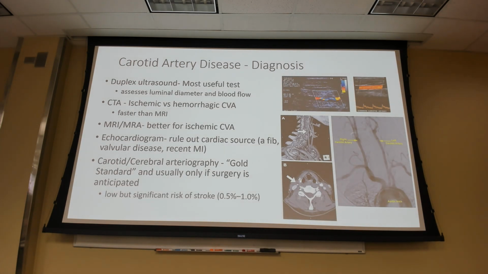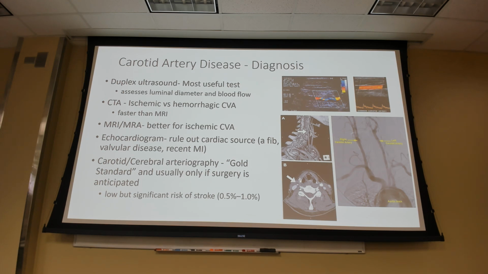All right, so what sort of testing do we do for this? Like I said, duplex ultrasound is the most useful test, and it's non-invasive. We don't have to give contrast or anything, and it can give us an evaluation if there's any sort of disease there. CT angio is typically our preferred advanced imaging study.